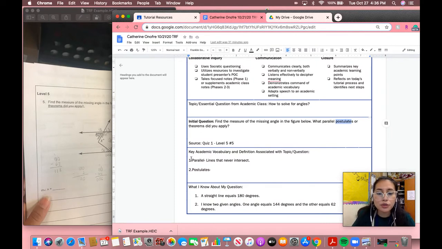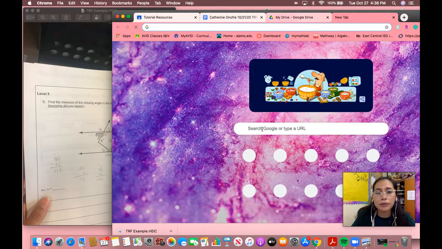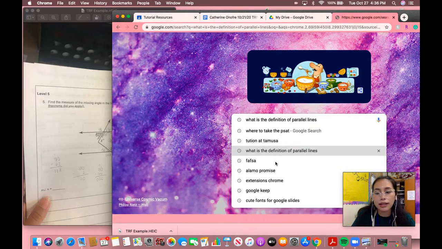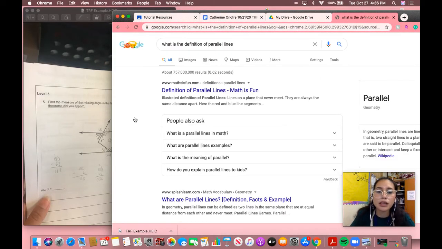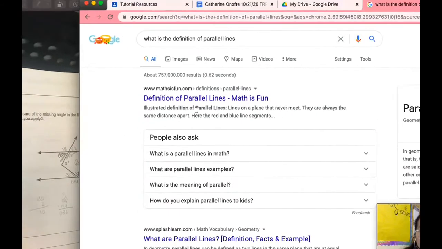So I chose parallel and I did one example just to save some time today. So I found the definition of parallel. To do that, I go to a new tab and I type in, what is the definition of parallel lines? So I'll see, according to the author of Math is Fun, the definition of parallel lines is lines on a plane that never meet.